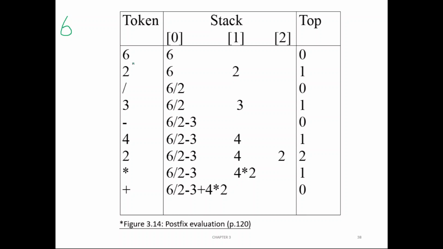For easy understanding, we are assuming all the numbers to be single digit, not double digit. Let us assume this entire expression is available as a string, and using a stack we evaluate the expression.